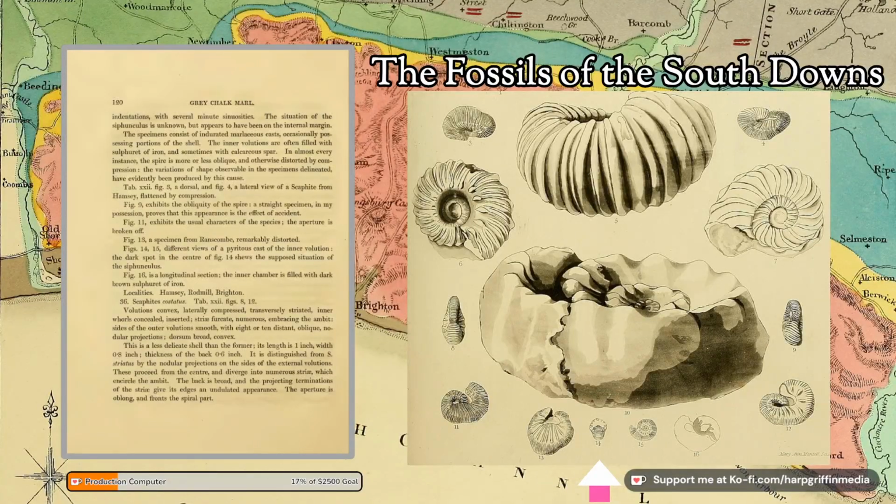Figures 14, 15, different views of a pyritic cast of the inner volution. The dark spot in the center of figure 14 shows the supposed situation of the siphunculus. Figure 16 is a longitudinal section. The inner chamber is filled with dark brown sulphuret of iron. Localities: Hamsey, Rodmill, Brighton.